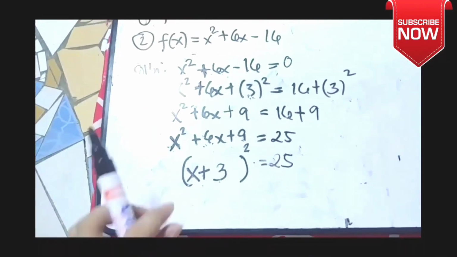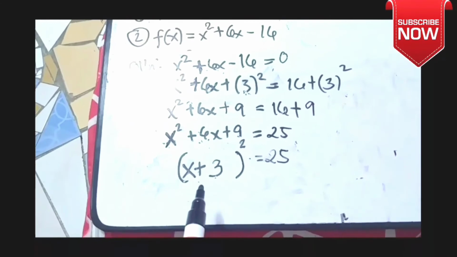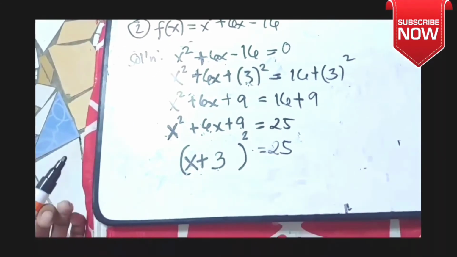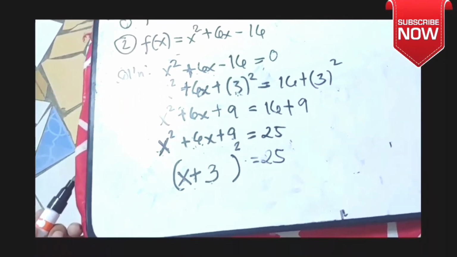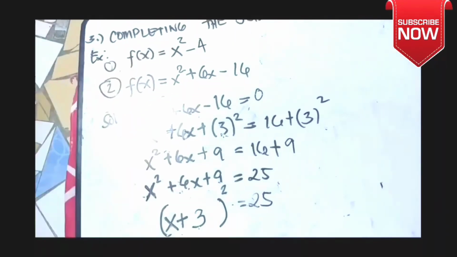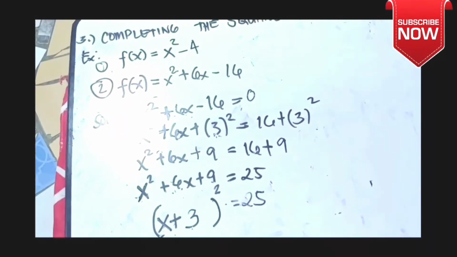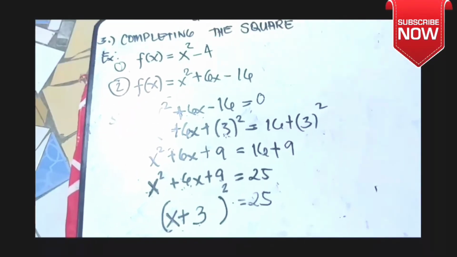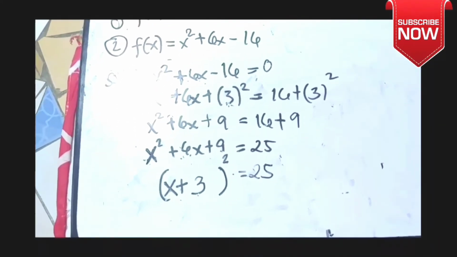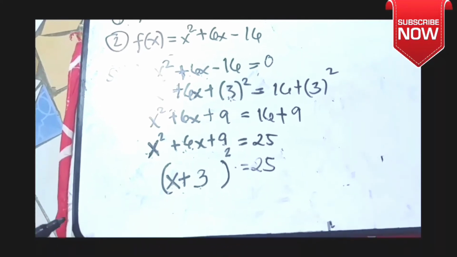So after we write the standard form and conclude na tama yung sinulat natin, so dito na papasok ngayon yung extracting the square root. At kung mapapansin natin, parang magkapatid lang yung completing the square at extracting the square root. Okay, magkasunod silang ginagamit sa pag-solve ng quadratic equation.